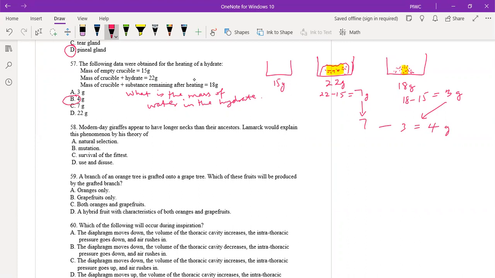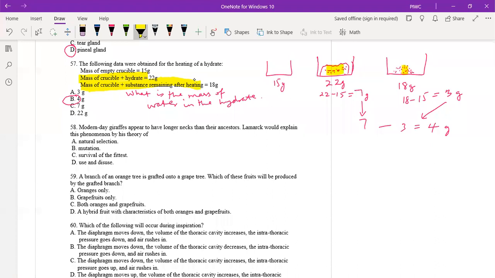Okay. You can also do this faster, in a quicker way than what I did. Now, if you think through the process, I intentionally did this for you to see what's happening. But we can also do it quickly from here. If I subtract the mass of the crucible plus the hydrate minus the mass of the crucible plus the substance remaining after heating, if I subtract these two, I'll come out with the same answer.